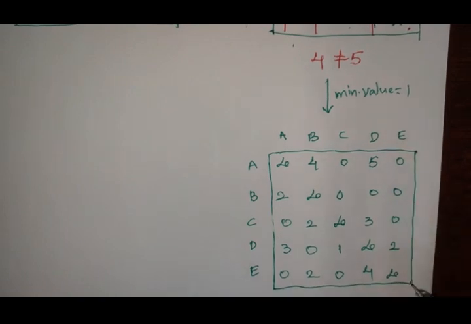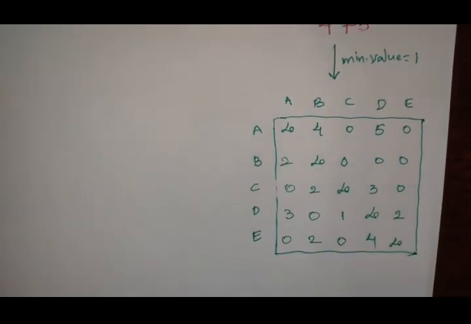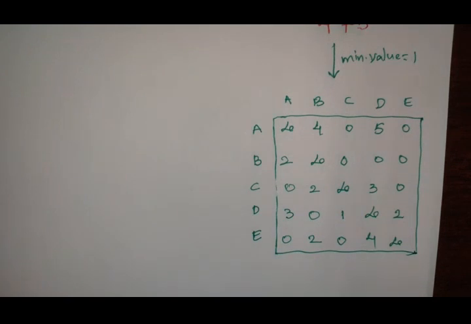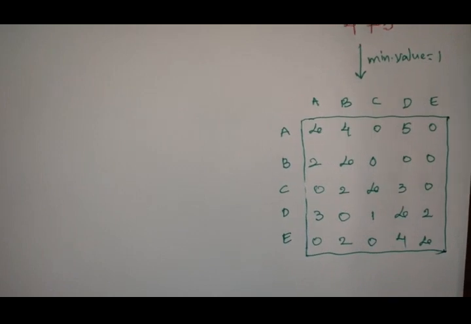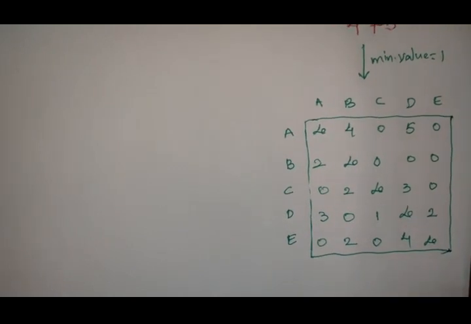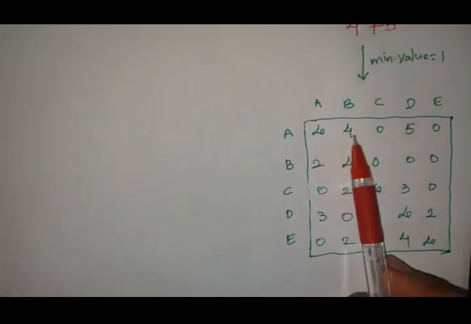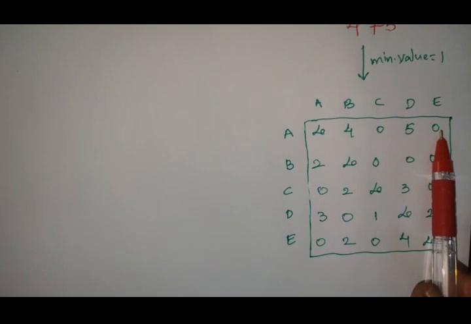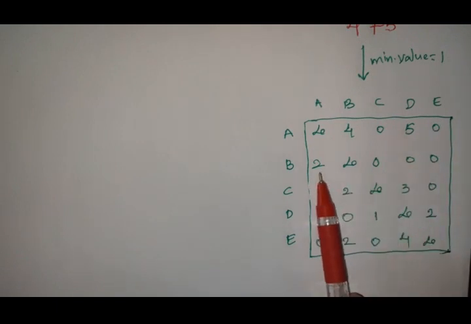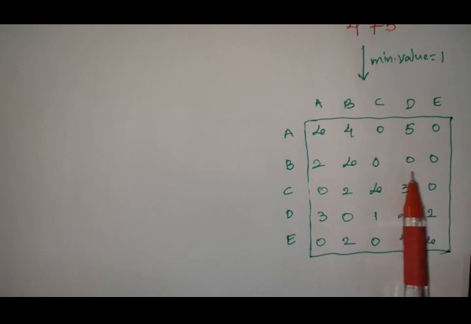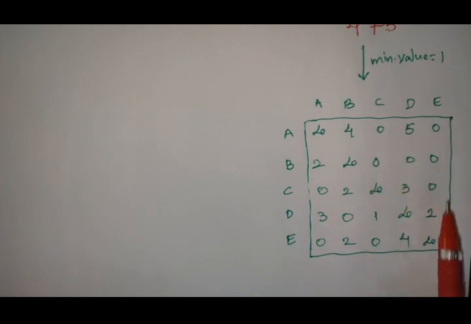Now let us start the assignment procedure. First, let us start with the row scanning. In the first row, let us check how many zeros are there. 2 zeros, so skip that row. Next, take the second row. How many zeros are there? 3 zeros, so skip that row.